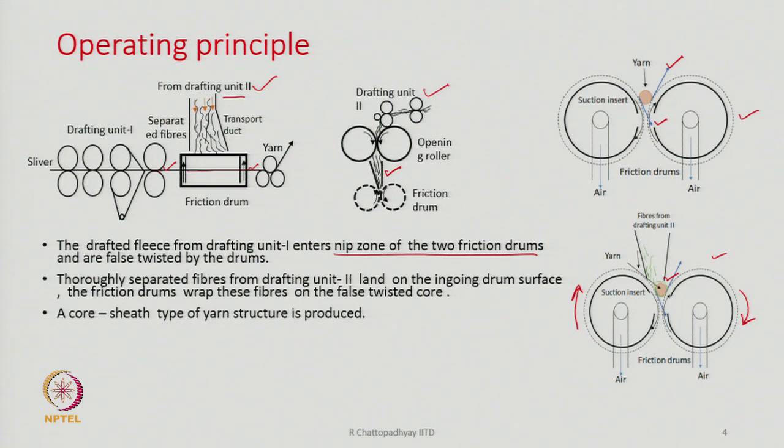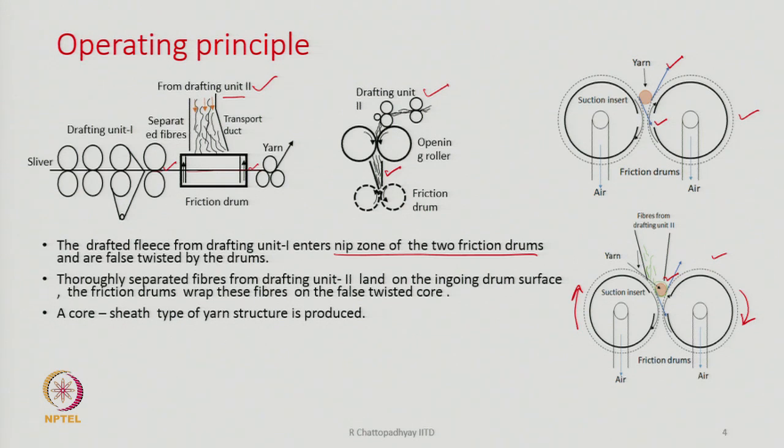and the sheath fibers which are wrapping the core will remain in wrapped state, and the core fibers which are false twisted, part of the false twist might get removed, but some false twist remains trapped in between, because the sheath fibers are actually wrapping over them.